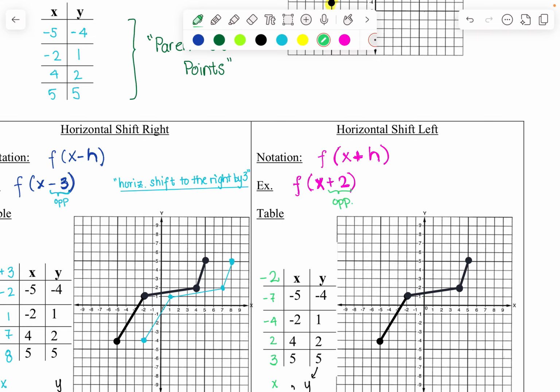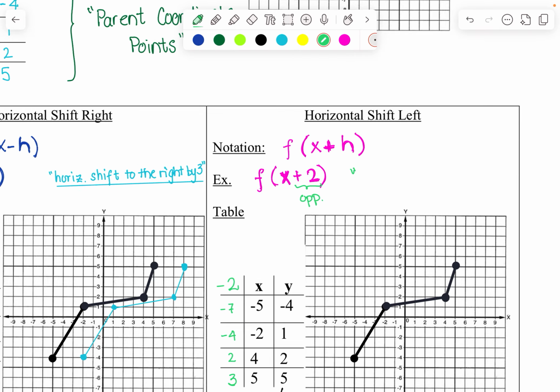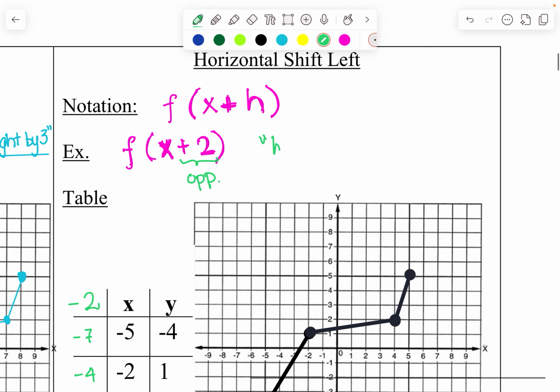We're going to call this a horizontal shift to the left by 2.